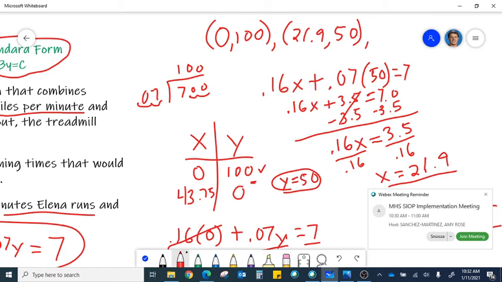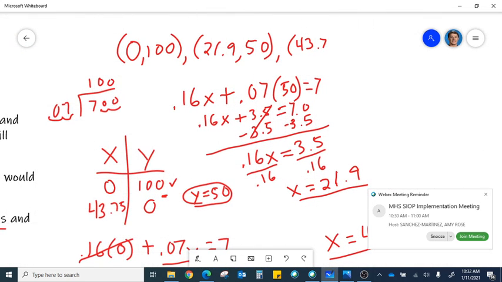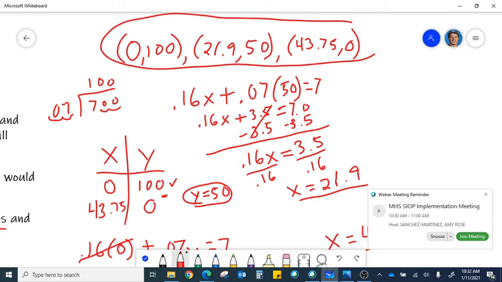And the last point there is going to be 43.75, comma, 0.